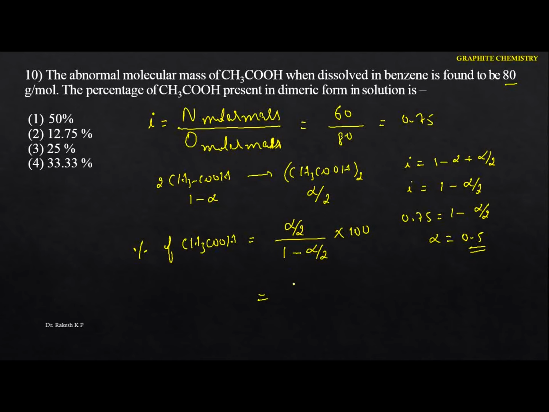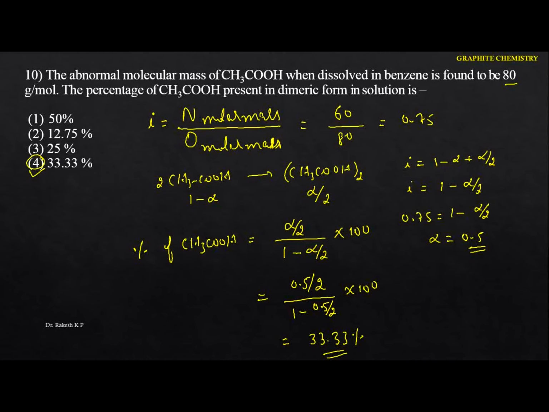If you substitute here, 0.5 divided by 2, divided by 1 minus 0.25, into 100, and finally if we calculate, we get 33.33. This is the percentage of acetic acid present in the dimeric form, hence the option is the 4th one.